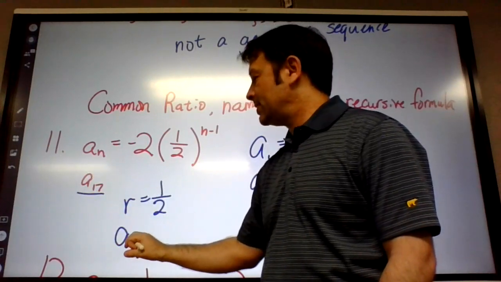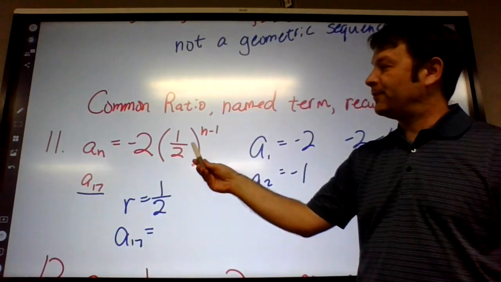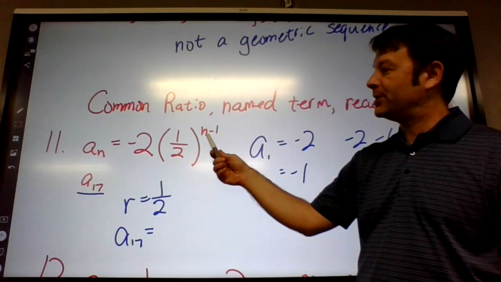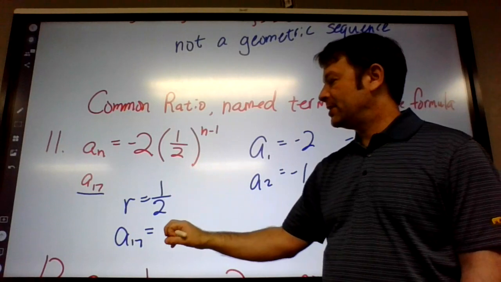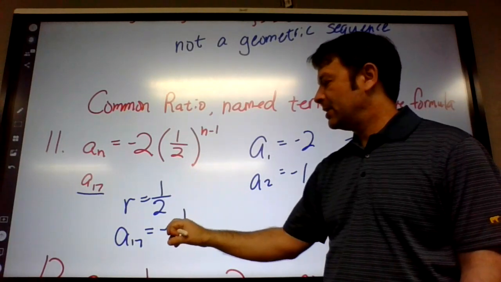By named term, find the named term, they mean just, that's what this thing is listed for. What's a sub 17? Since they were nice and wrote the formula for us, all we have to do is go back and plug in 17 right there. This is a very tiny number.